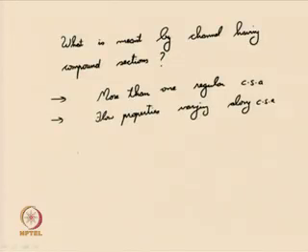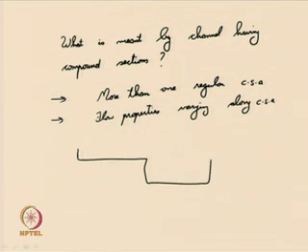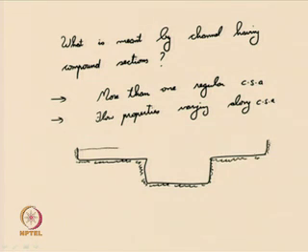Well, if you want to see some examples or types of compound sections, here I am just drawing a very simple compound section. Just to make you understand what is meant by a compound section: as mentioned in the definition, this particular channel has more than one regular cross sectional area.